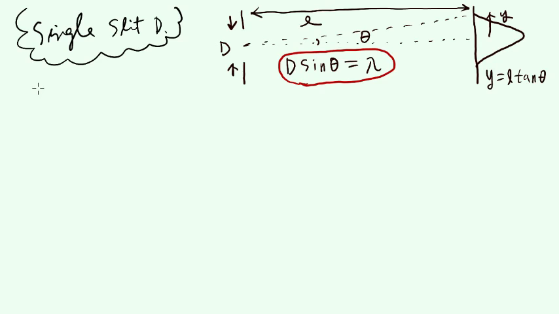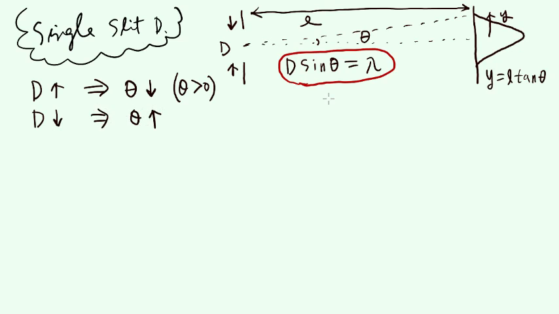So let me summarize here. If d is large, then theta goes down according to that equation. So it suffices to discuss positive thetas because negative theta is symmetric. And if d goes down, theta goes up. You can see the effect of this in classroom demos.